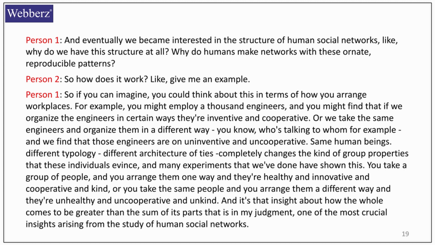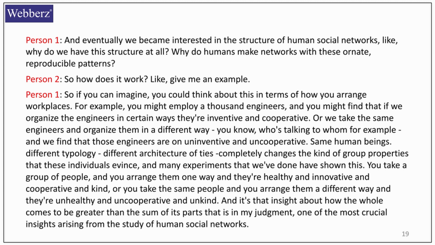For example, you might employ 1,000 engineers, and you might find that if we organize the engineers in certain ways, they are inventive and cooperative. Or we take the same engineers and organize them in a different way. You know, who's talking to whom, for example? And we find that those engineers are uninventive and uncooperative. Same human beings, different typology, different architecture of ties, completely changes the kind of group properties that these individuals evince.